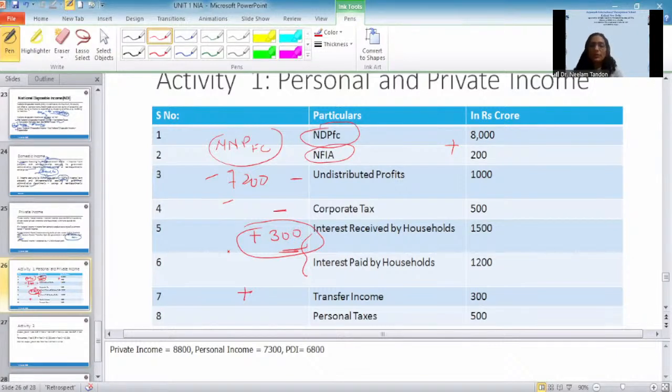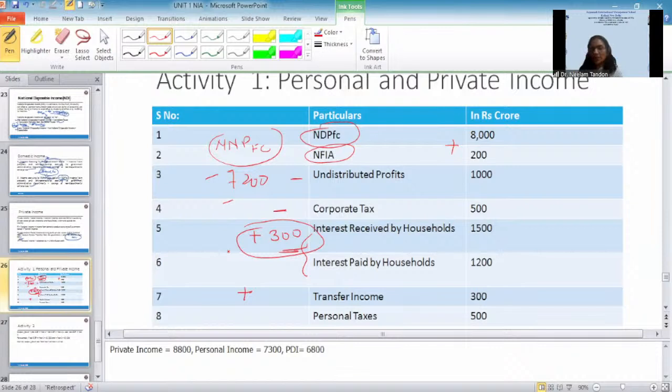So what is the difference between personal income and private income? Private income is inclusive of, because private income is whose income? Private sector. And undistributed profits and corporate tax are part of this. So what do you have to do in this case?